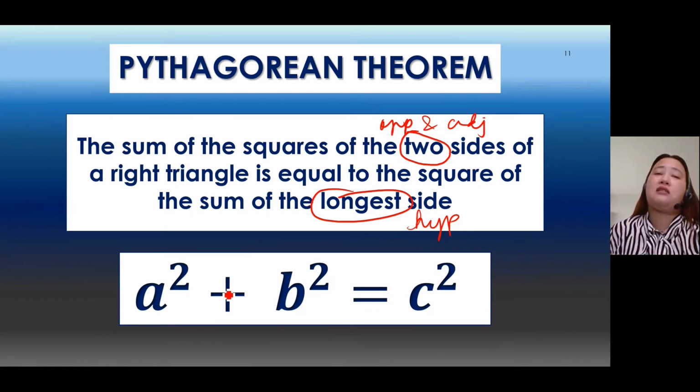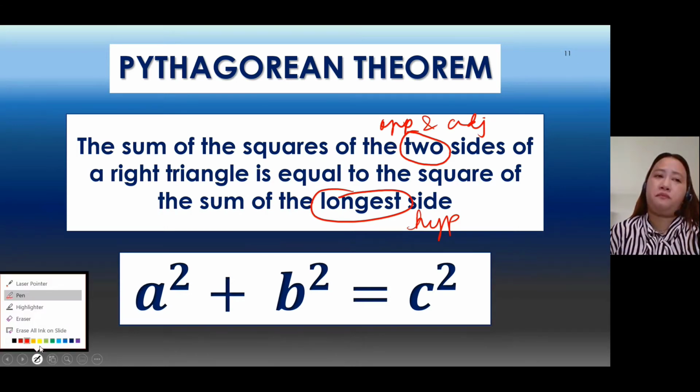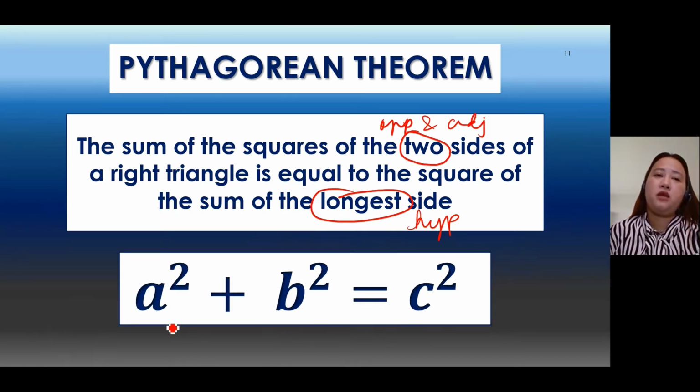But again, since the letters may be changed, and the theta can also be changed, it is better if you just memorize this one. We have opposite squared. Remember, it is the sum of the squares of the two sides.